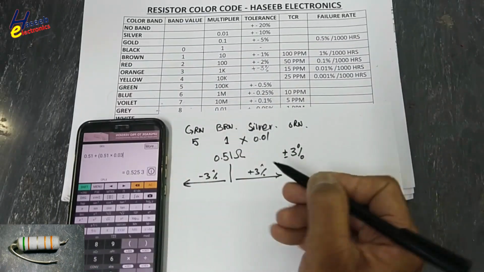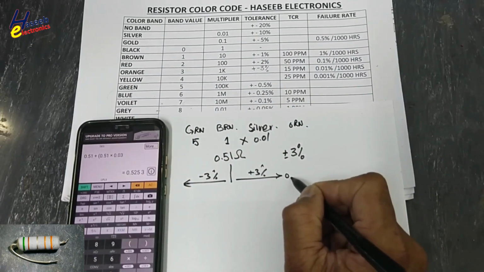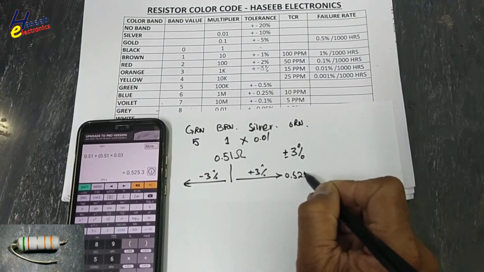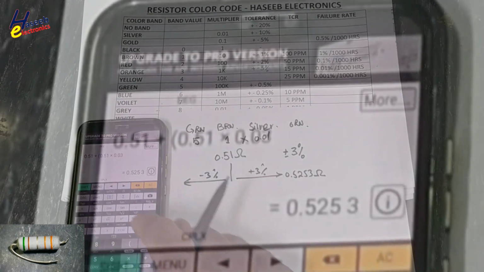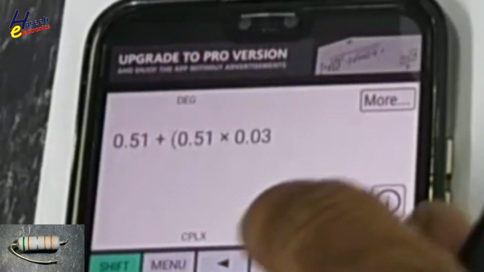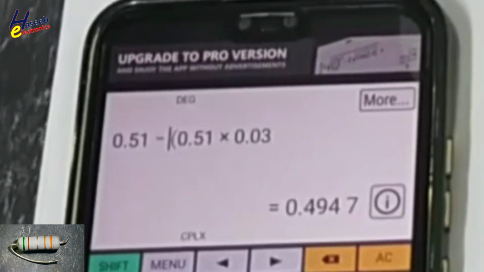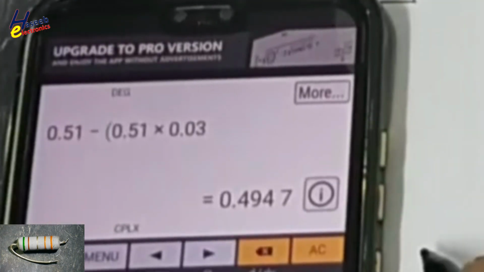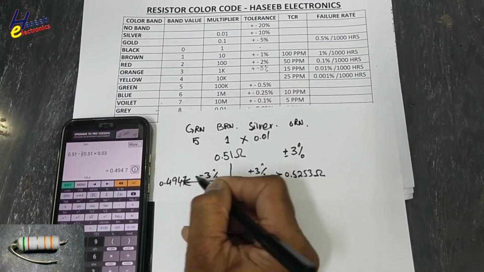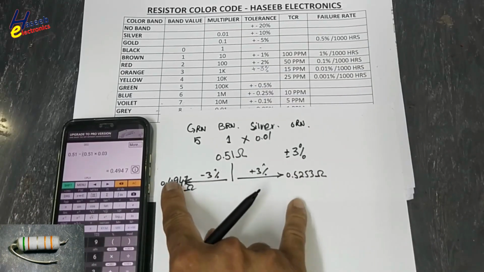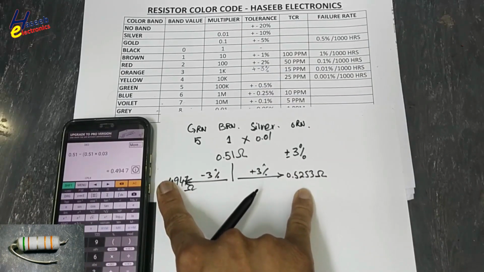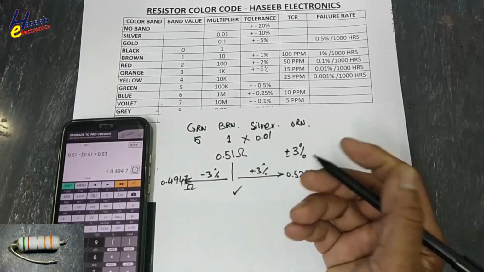In case of positive side, 0.5253 ohms. If we calculate in minus, 0.4947. If we purchase this resistor and its value is between these two windows, that resistor is good.